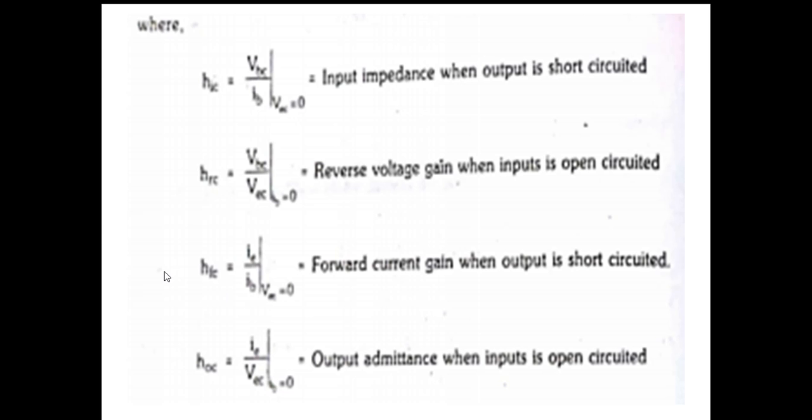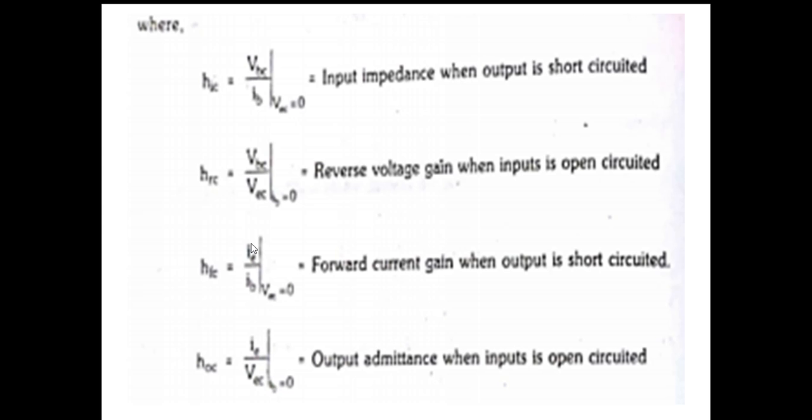Output is short circuited means output voltage is 0. When the output voltage is 0, the ratio of output current to the input current. Output current is IE, input current is IB. So the ratio of IE by IB is nothing but current gain, and these two are in forward direction. Therefore, forward current gain when output is short circuited, when output voltage is 0. This is forward current gain.